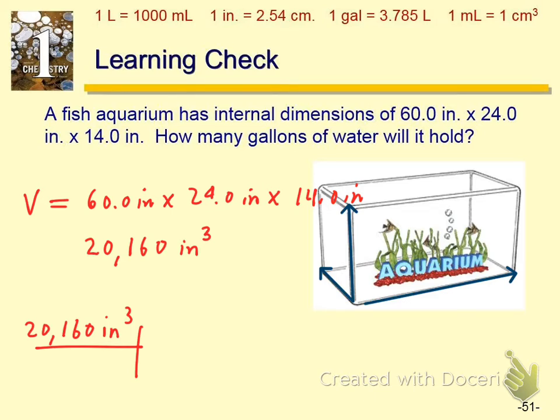I don't know how to do exponents on this calculator. I just did 2.54 times 2.54 times 2.54. I guess you just hit the EE button.